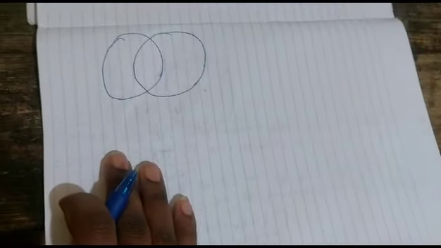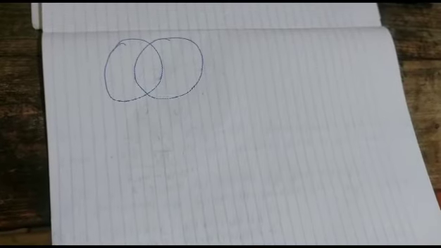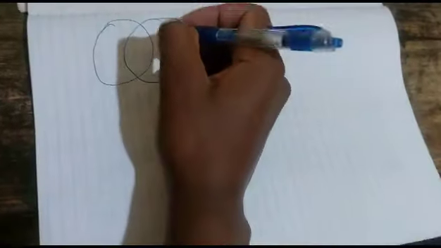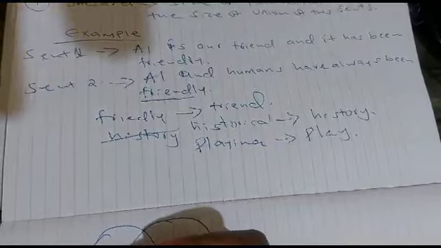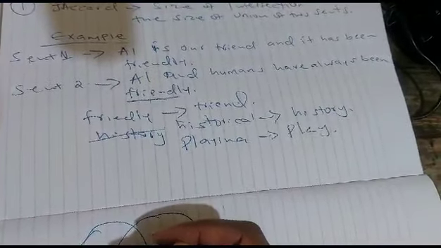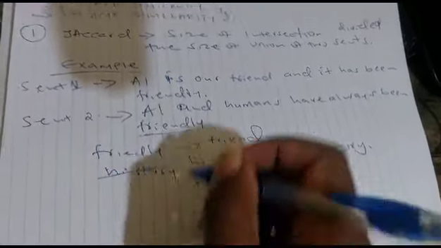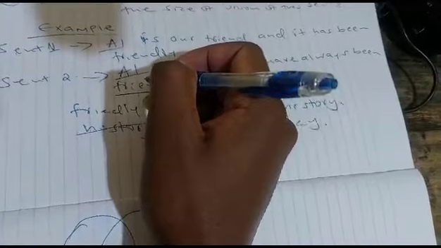After lemmatization, as we have defined, our Jaccard similarity is the size of the intersection divided by the size of the union. We look at which words appear in sentence 1 and sentence 2. AI appears in both.